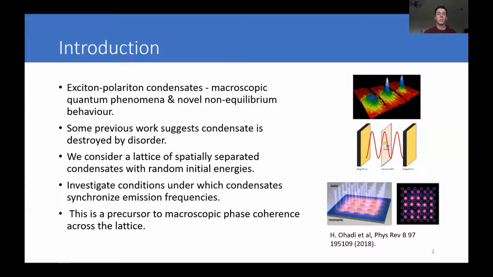In particular, we're interested in the interesting phenomena associated with the non-equilibrium nature of these condensates. And in particular, we're interested in the impact that disorder can play, because previous works have suggested that, in fact, a disordered potential landscape can sometimes destroy the long-range phase order that is the signature of condensation.